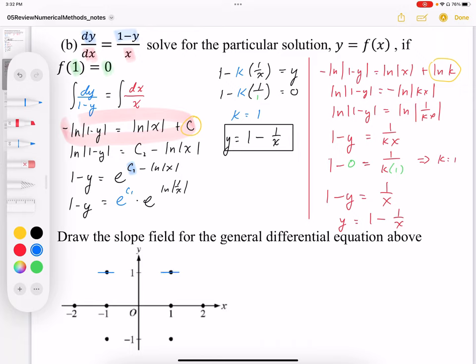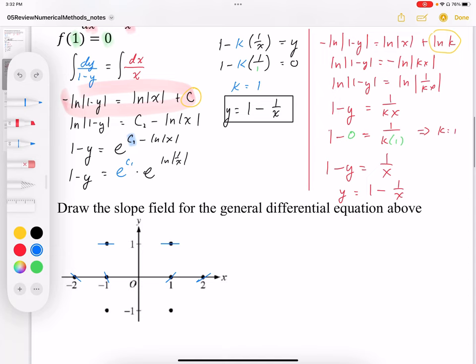When x is equal to negative 2 and y is equal to 0, I get negative 1/2. So I'm going to get a slope like that. When y is 0, x is negative 1, I'm going to get a steeper slope of negative 1. When x is 1, y is 0, I get positive 1. When x is 2, y is 0, I get positive 1/2, so it's not quite as steep.